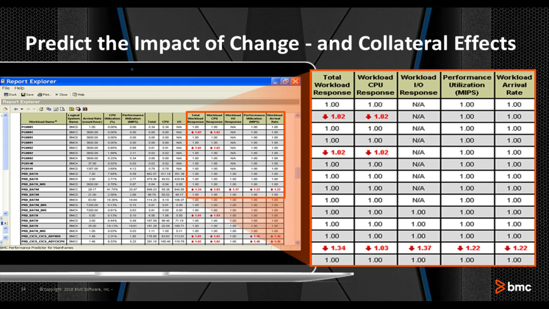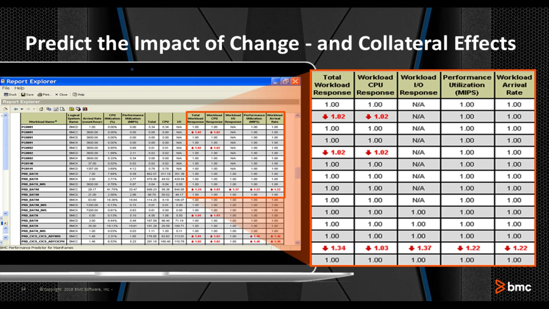So being able to predict the impact of those changes that I just talked about, even something as simple as hardware or workload growth, becomes an exercise in understanding all of the complexity of the mainframe. So to predict the impact of change and collateral effects, for example, in this case, there was growth on a workload.